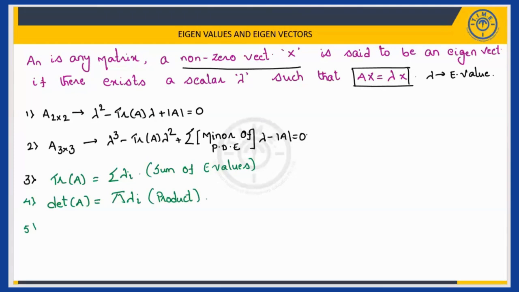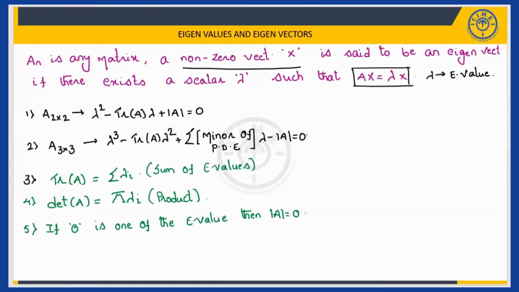And if 0 is one of the eigenvalues, then det A is always equal to 0. And you can use this property in the reverse direction also.